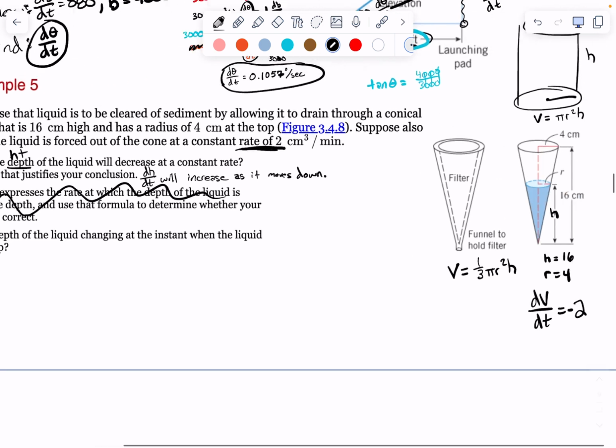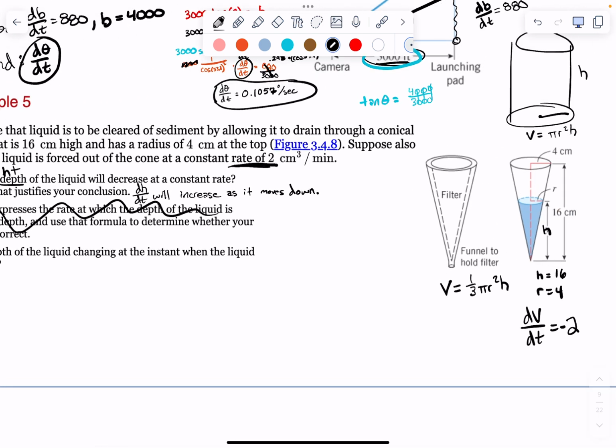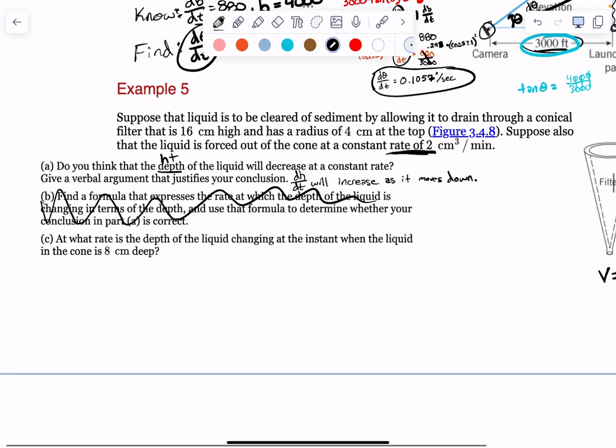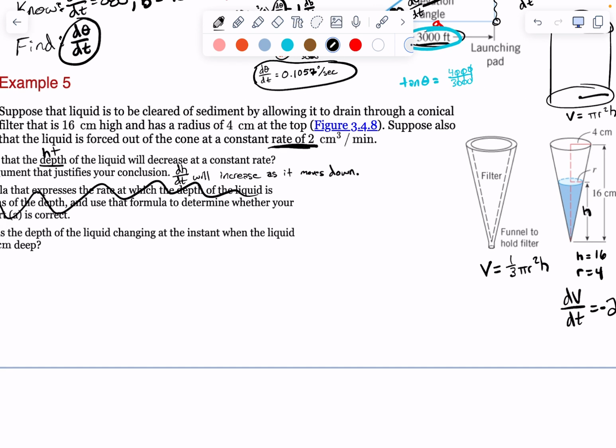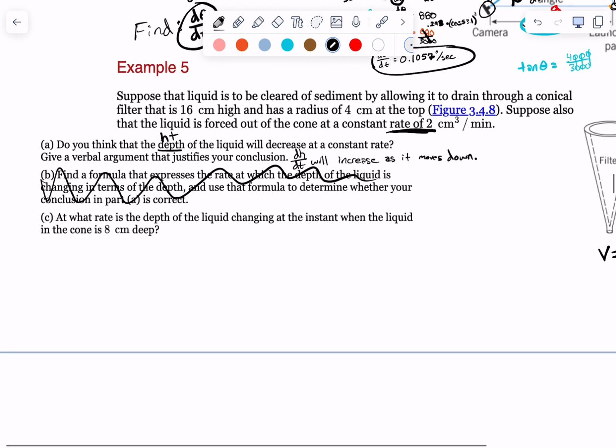What are you talking about? Now we're changing it to 8 instead of 16? I don't want to do that. So 16 is at the top. Oh, it's fine. We could just change the H to that. Okay. All right.